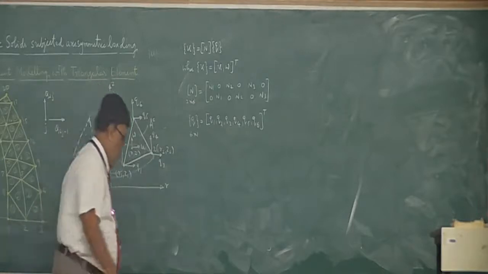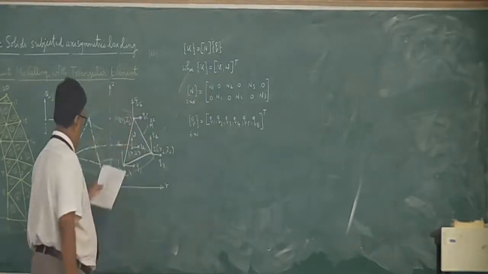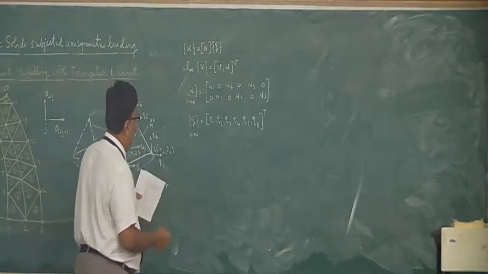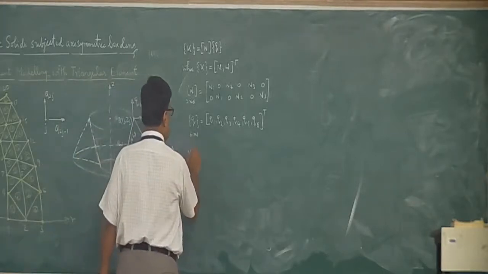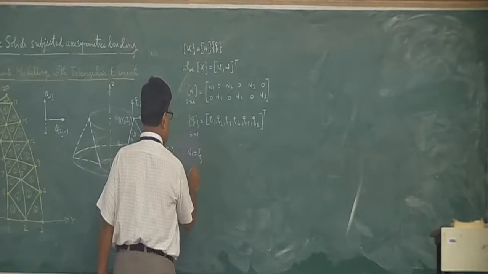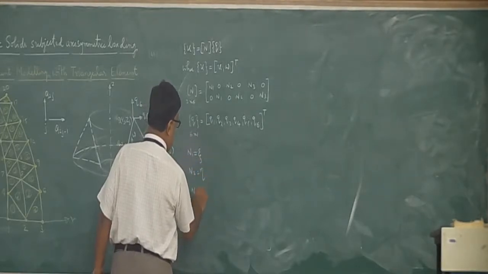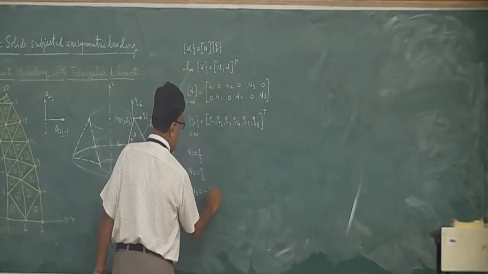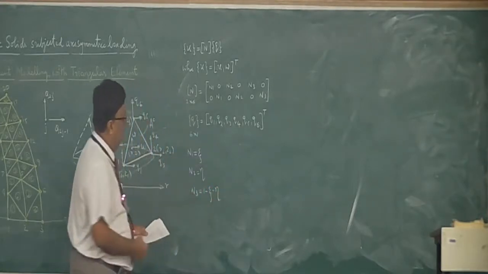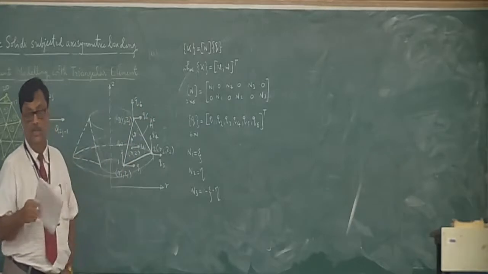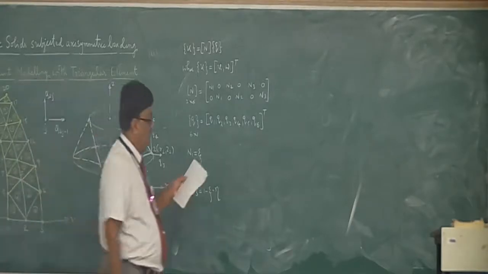This is the matrix that you are going to get. And you already know the shape functions: N1 was zeta, N2 was eta, and N3 was 1 minus zeta minus eta. You are familiar with the shape functions, and we can start writing this.